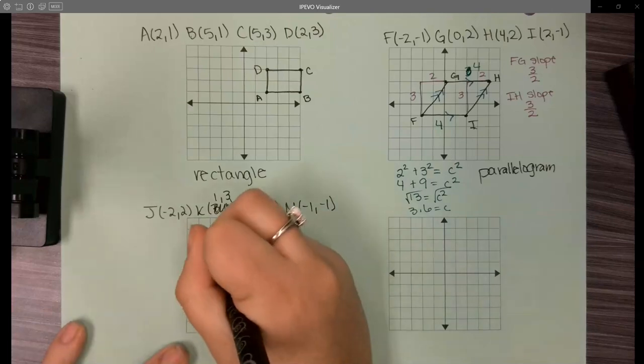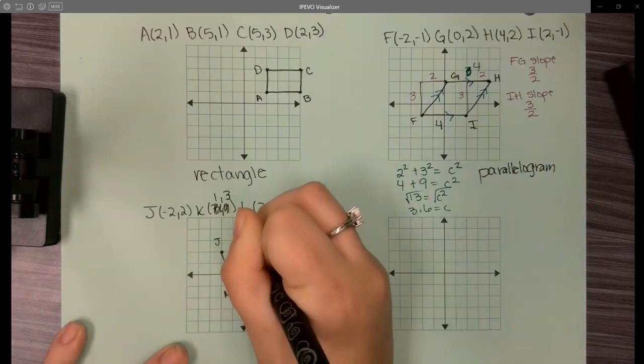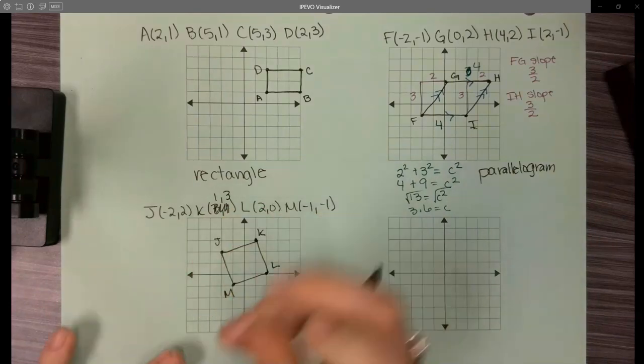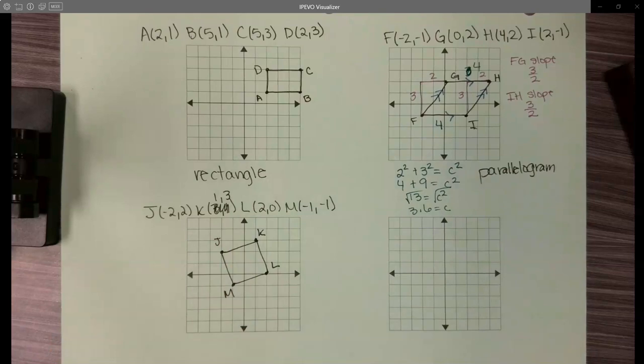So then I want to connect. So this one looks like it might be a square. I need to check for sure. I first need to make sure I have parallel sides.